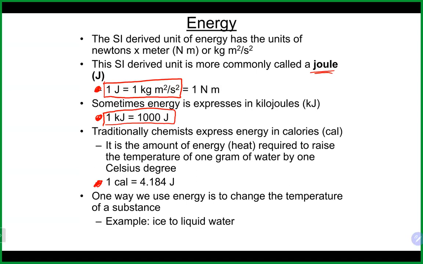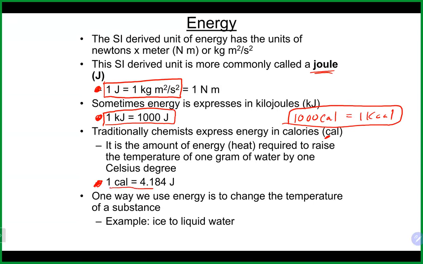Another unit of energy that's important is calories. As we might have talked about before, a calorie with a little c is the amount of energy required to raise 1 gram of water by 1 degree Celsius. And the relationship between calories and kilocalories, which is another very common unit, is something you should know: 1,000 calories is a kilocalorie.